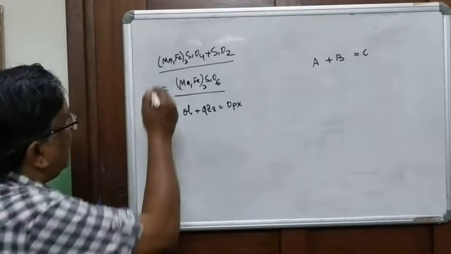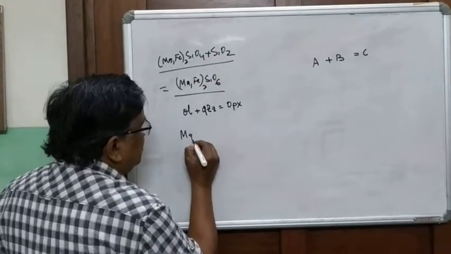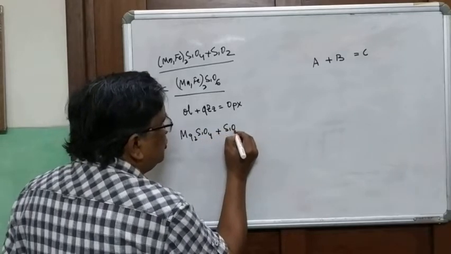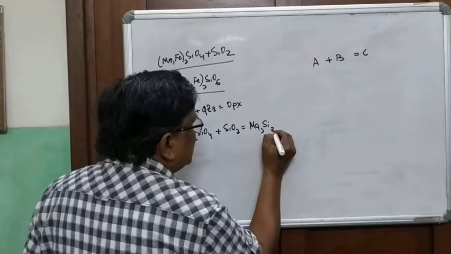So say, for example, this reaction can be written as Mg2SiO4 plus SiO2 is equal to Mg2Si2O6.